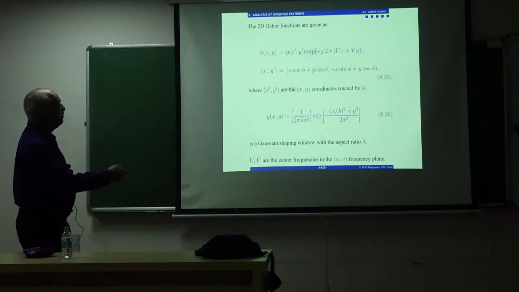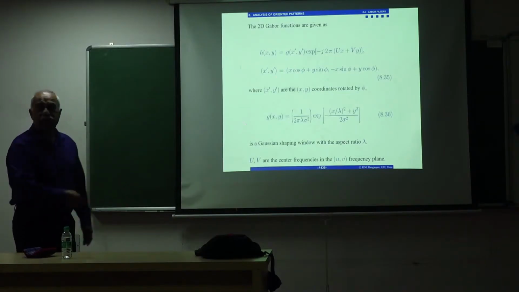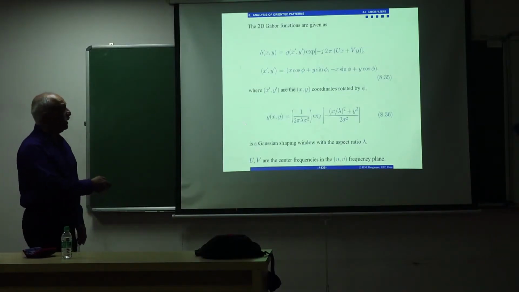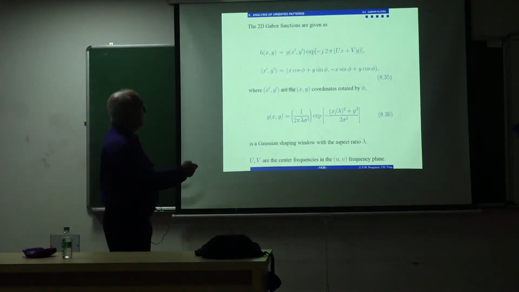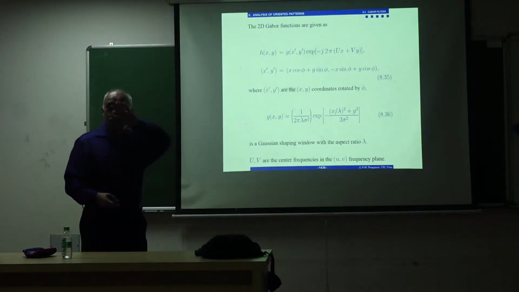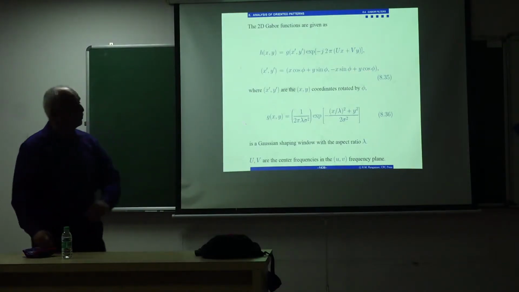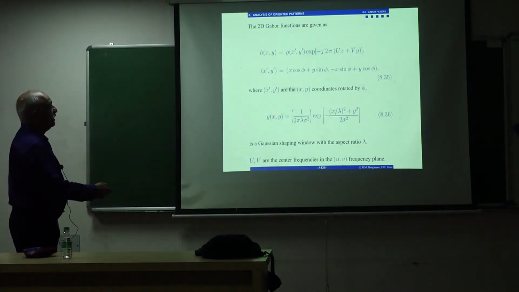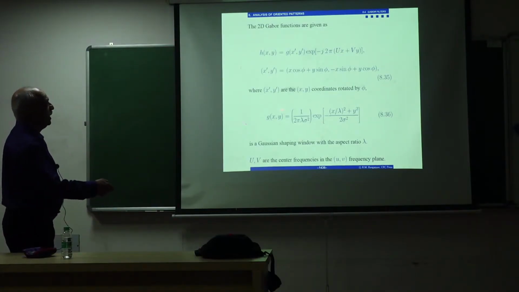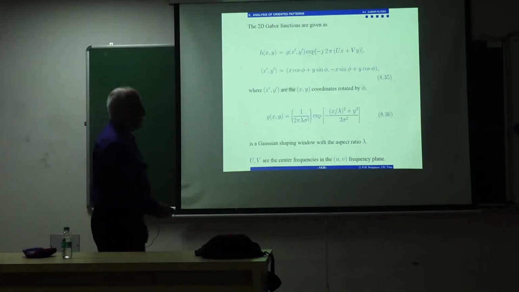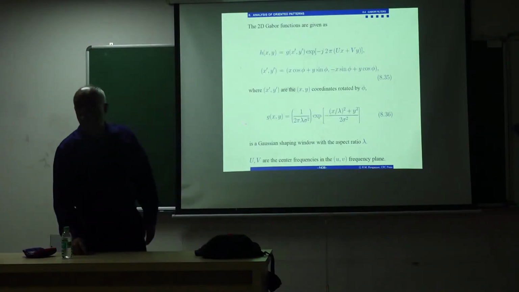x', y' with reference to x and y is a rotated coordinate system with angle phi: x cos phi plus y sin phi, minus x sin phi plus y cos phi. That is just rotation of xy to x'y' by angle phi. The Gaussian is this. But now, the Gaussian doesn't have to be isotropic.